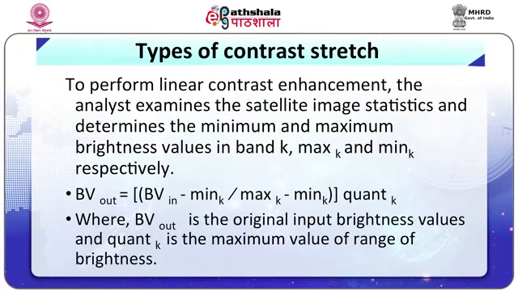BV out is equal to BV in minus minimum K upon maximum K minus minimum K, times quant K, where BV in is the original input brightness value and quant K is the minimum value of the range of brightness.